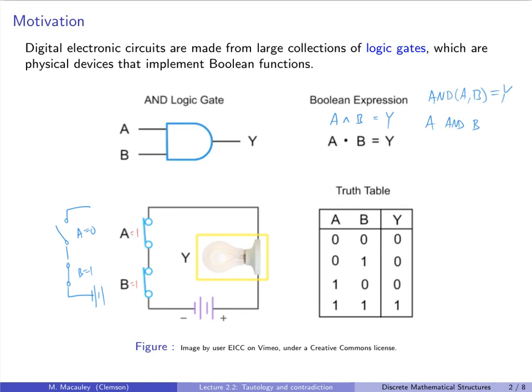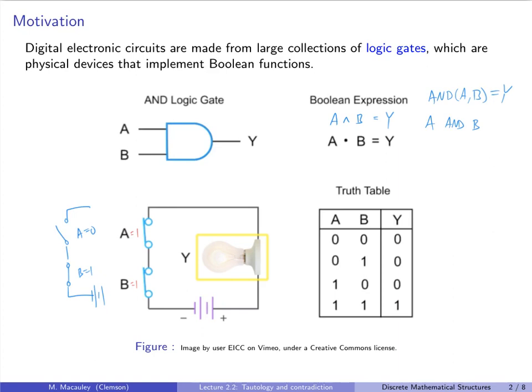Sometimes AND is represented by multiplication because in this case, if you multiply the value of A times the value of B, you get precisely the value of Y. So 0 times 0 is 0, 0 times 1 and 1 times 0 are both equal to 0, and 1 times 1 equals 1.